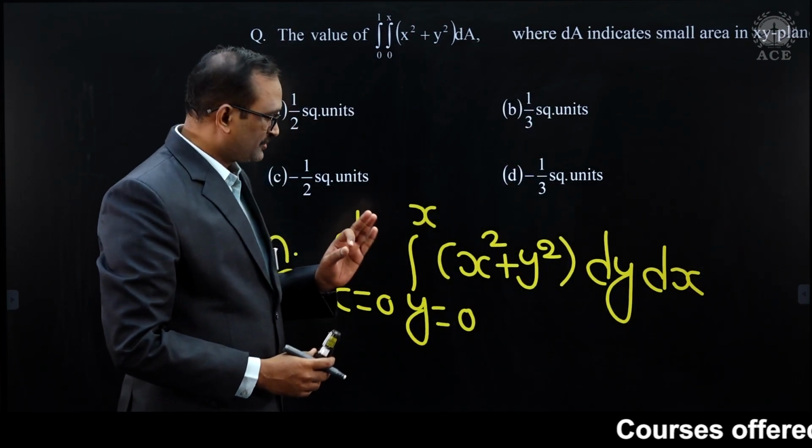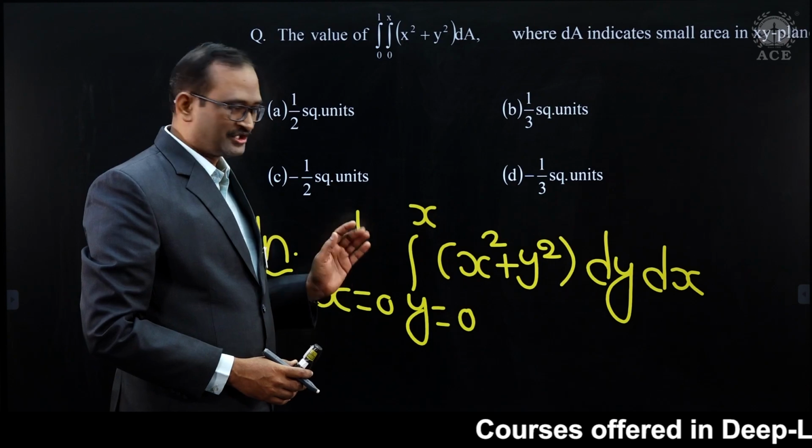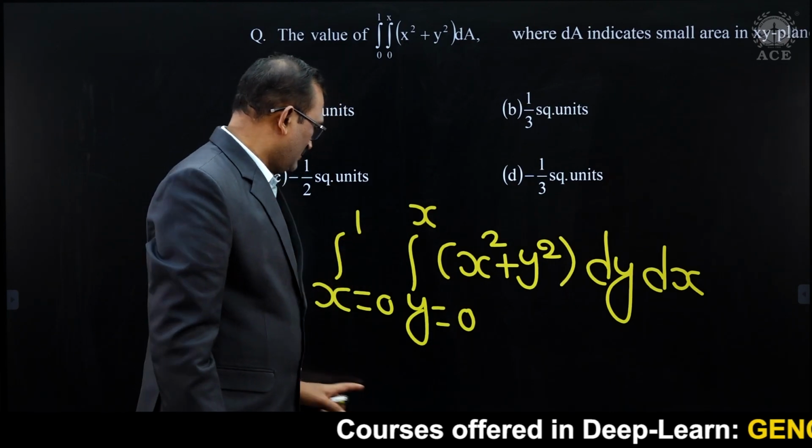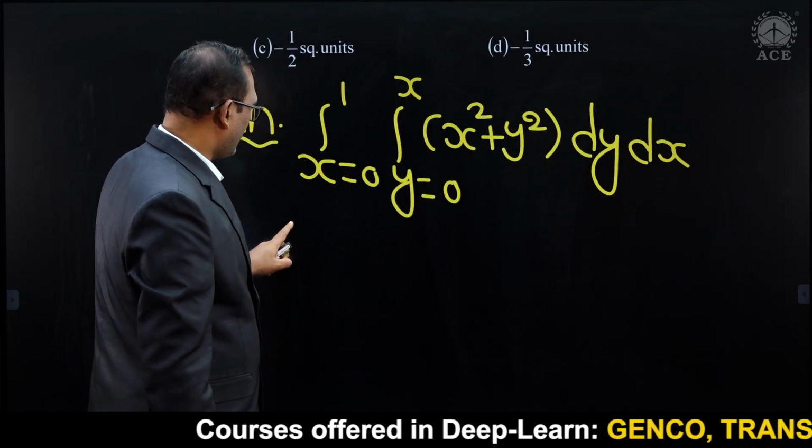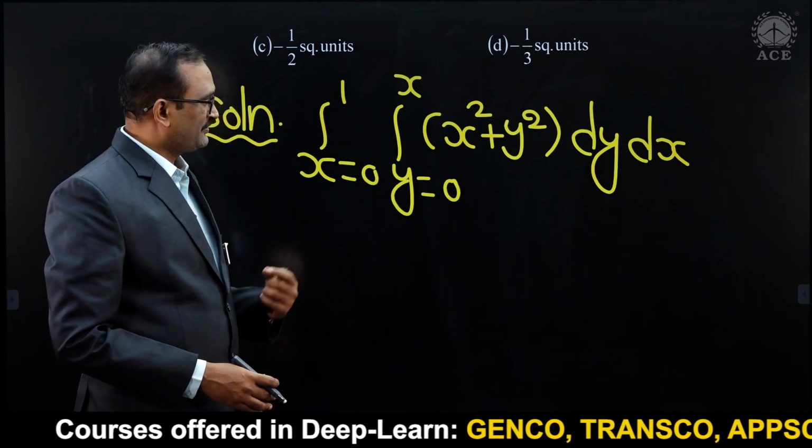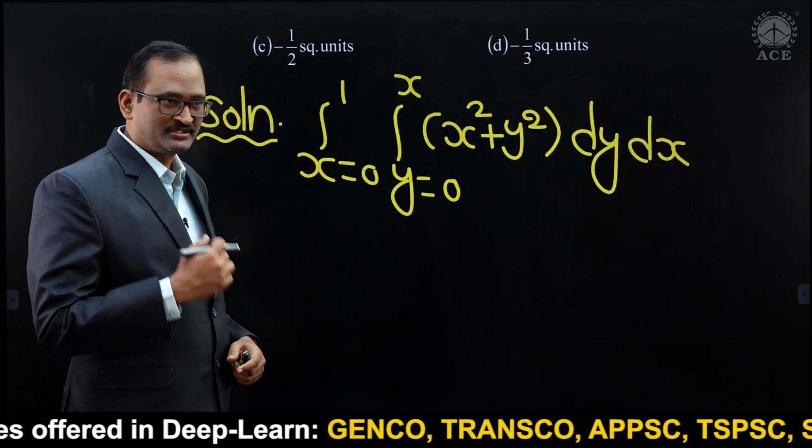First, let us integrate with respect to y and then with respect to x. When you are integrating with respect to y, the other variable x must be kept constant.